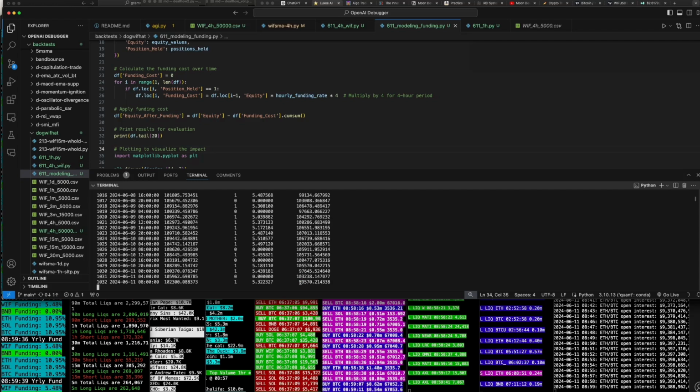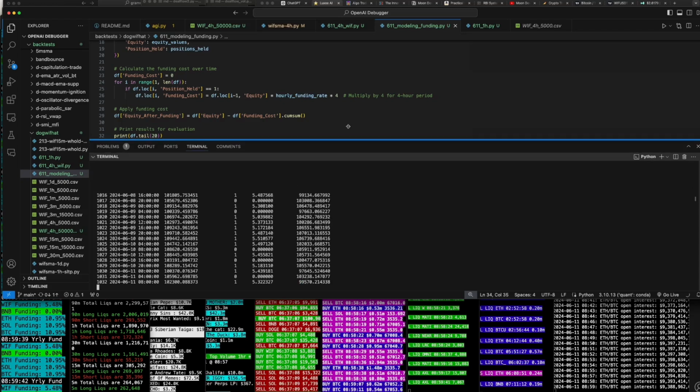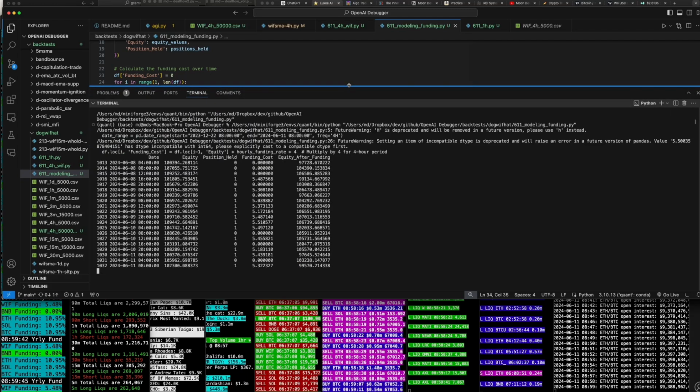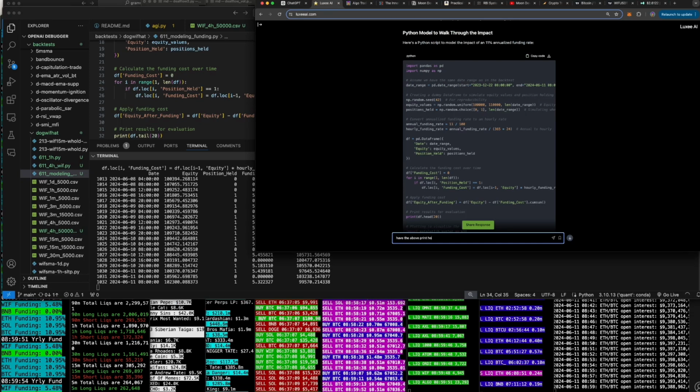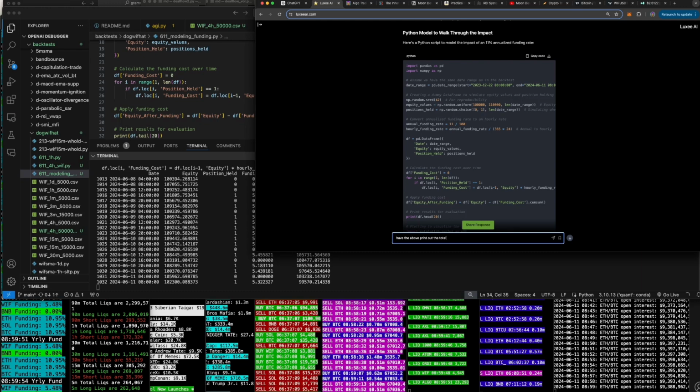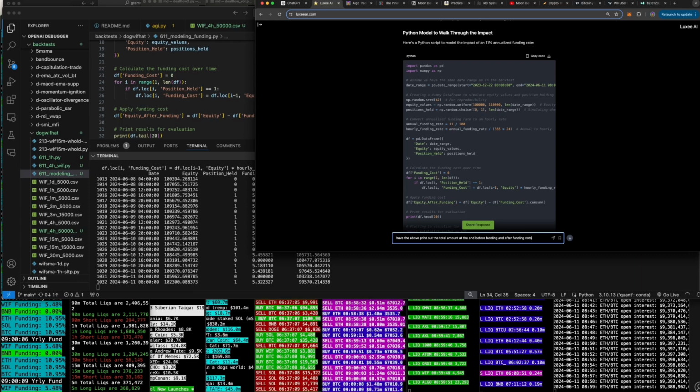And how big? Have the above print out the total amount at the end before funding and after funding costs.